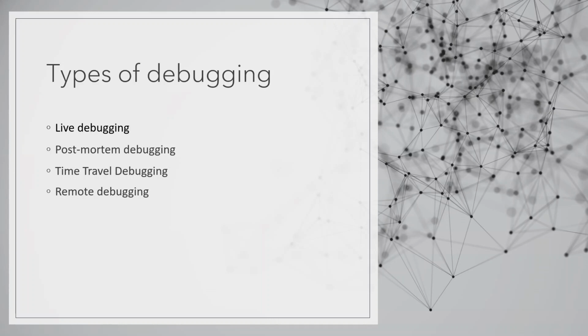And of course, remote debugging, as I was talking about earlier. It is the process where your debugger is installed on one system, and the process that you want to debug is running on another system. Here you connect your debugger to the remote process and do the debugging. Generally, this is live debugging, because if it's post-mortem debugging, then you don't need to connect remotely.